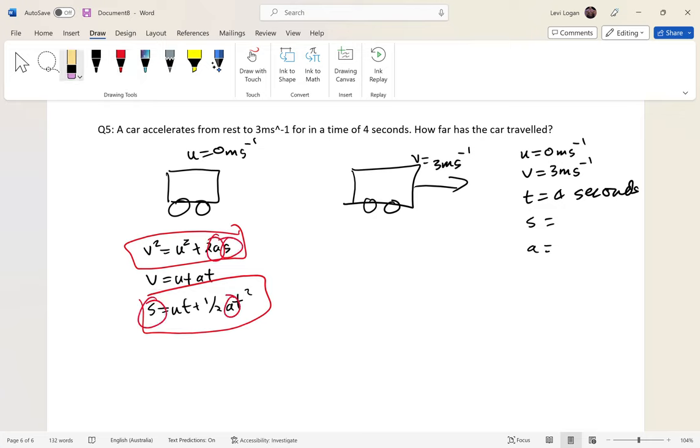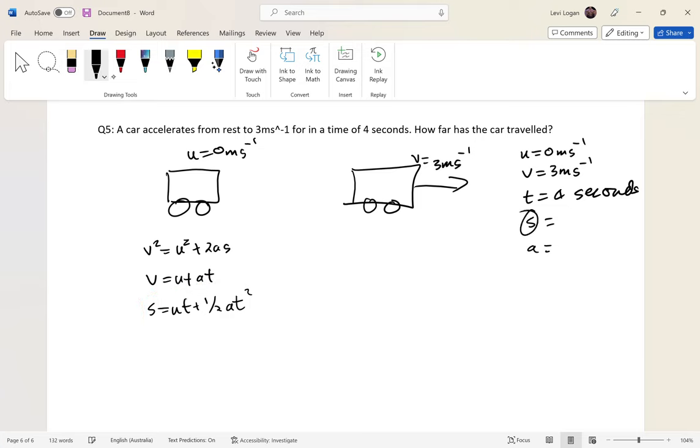Okay, so looking at our equations here, if you want to find s, you're going to need acceleration. So this question was a bit sneaky in the fact that you need to find two things, but the question's only asking for one thing. So in order to find s, you need to find a, because the equations where you use s have acceleration in them. So we're just going to use this equation here because we have v, u, and t. v equals u plus at.